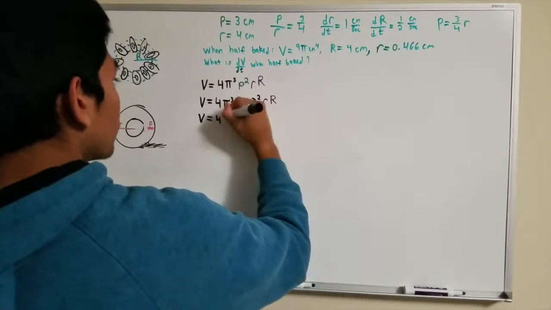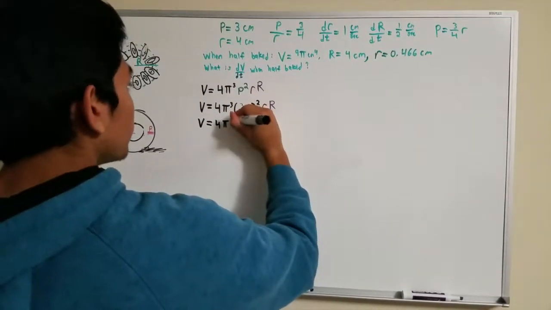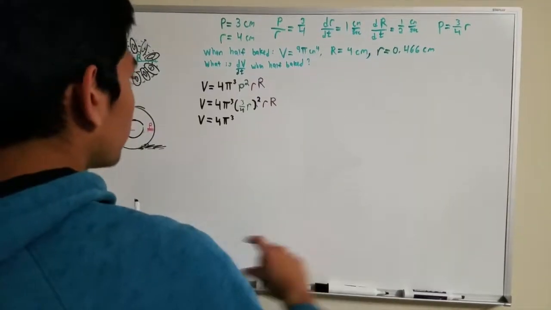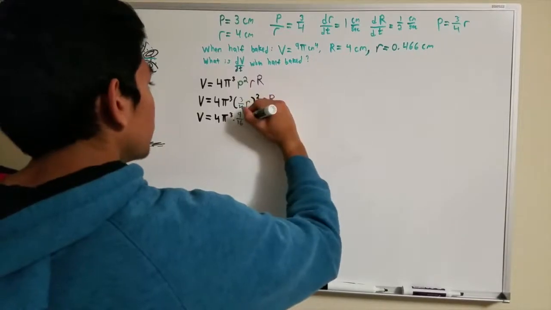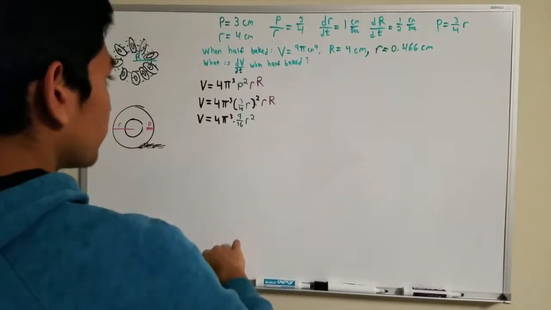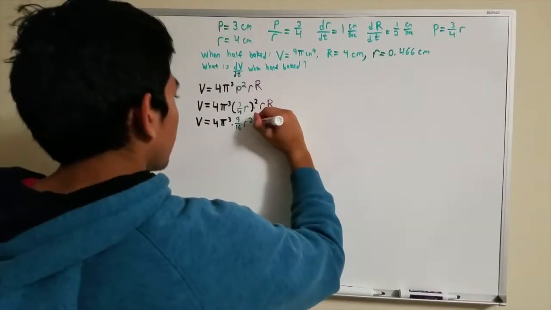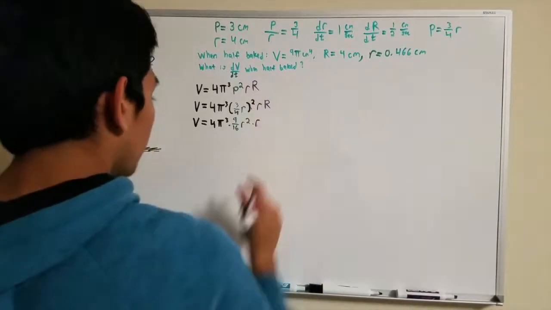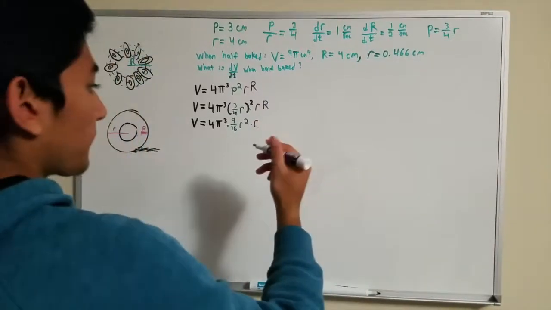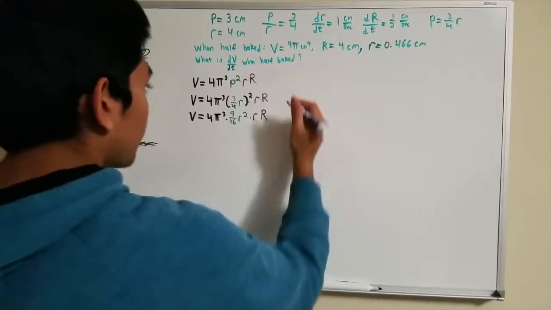So we get 4 pi cubed times 9 over 16 R squared times R, times R, times capital R.